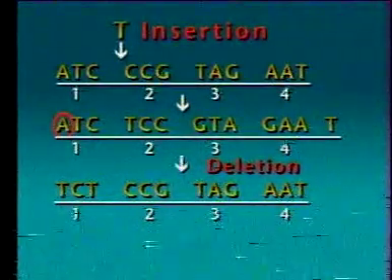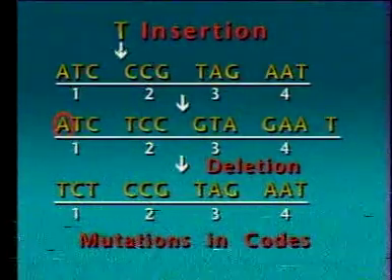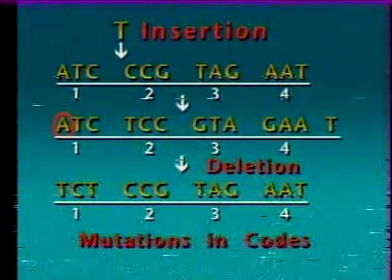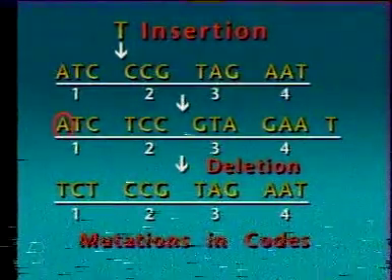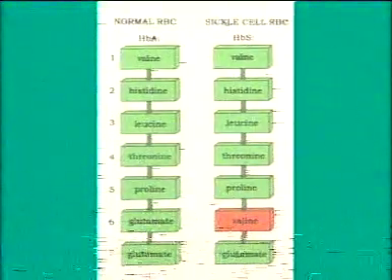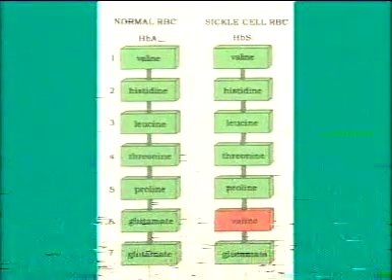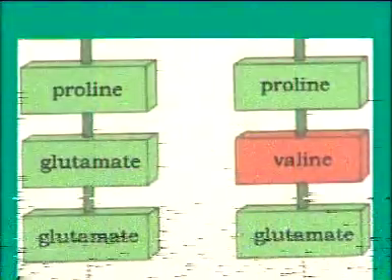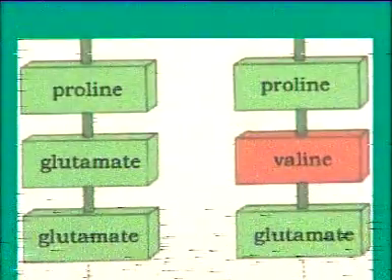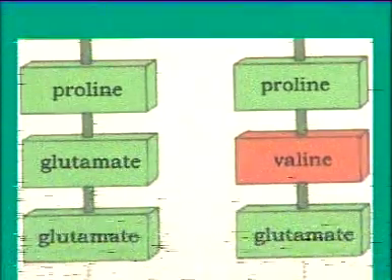However, in most of the codes, a change in the 1st base changes the code and hence the amino acid and protein as well. The change of one single amino acid may cause the failure of protein function. For example, in sickle cell anemia, glutamate is replaced by valine.